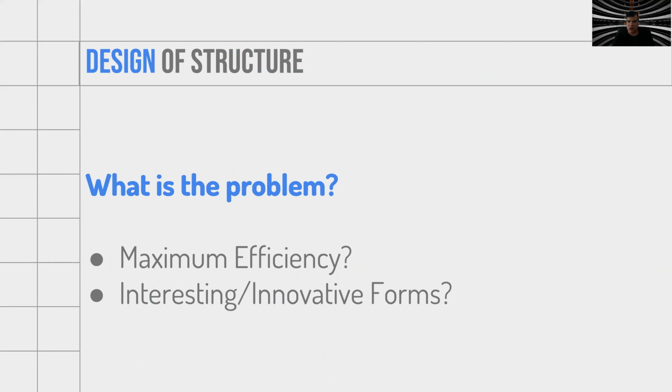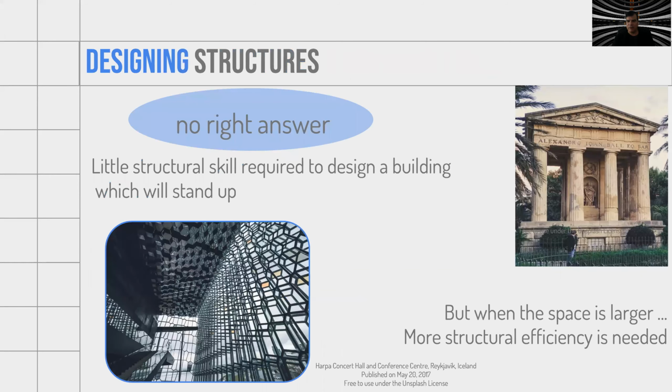When we design a structure, what is the problem? Some people will say efficiency. The structure needs to be very efficient. Other people will say, no, it needs to be interesting, innovative. There is no right answer. What is true is that we don't need many structural skills to design a building that stands up.